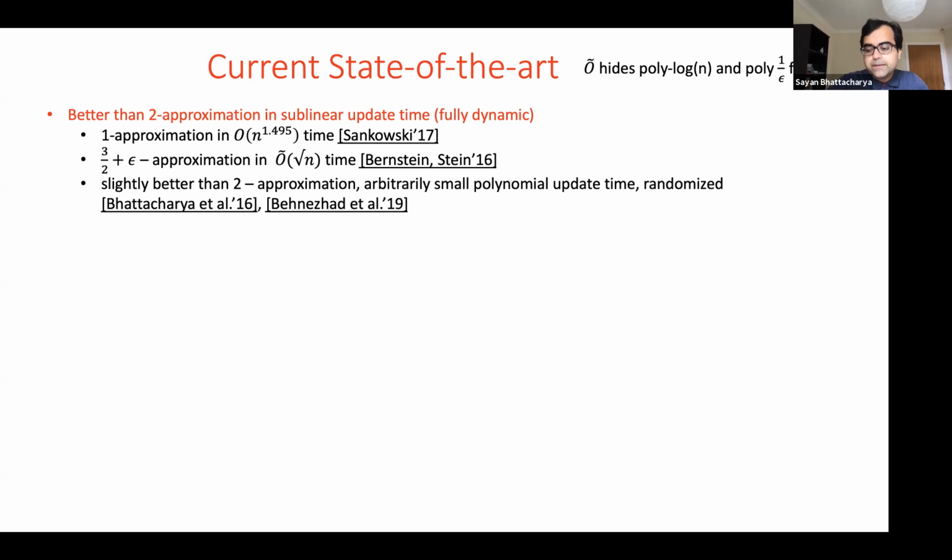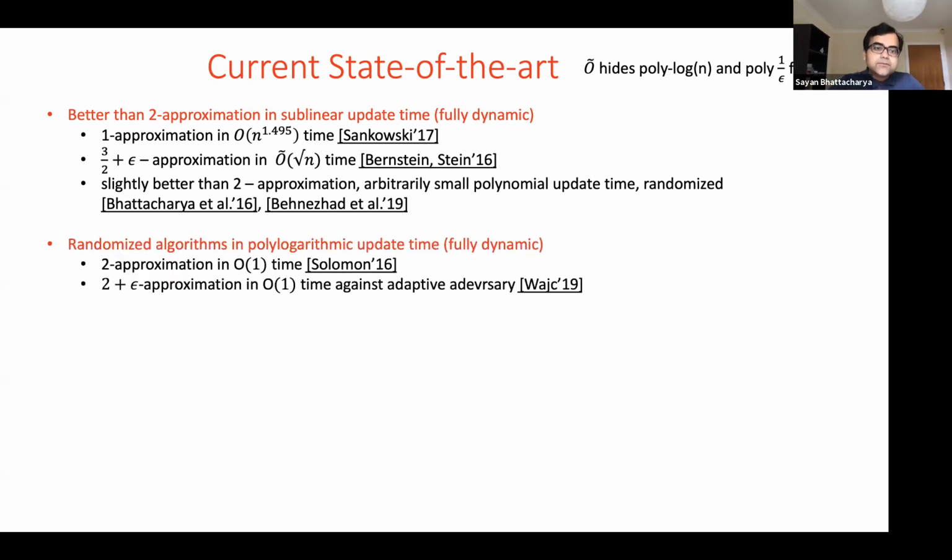And this is fully dynamic. The second strand of work focuses on polylogarithmic update time in the fully dynamic setting and is happy with randomized algorithms. There, quite fast algorithms are known with even constant update times, but the approximation ratio is 2 or 2 plus epsilon, and they are all randomized.